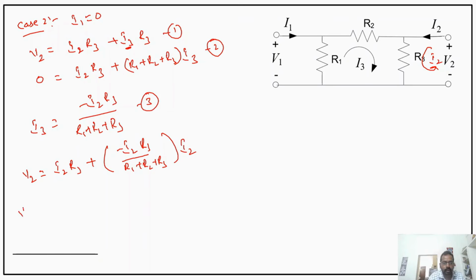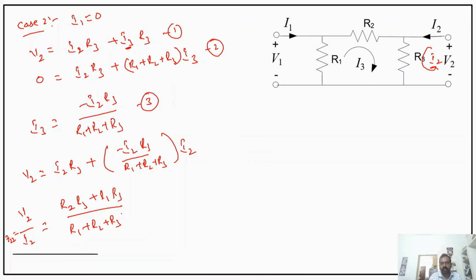So if we try to rearrange, we get V2 by I2 is equal to R2 R3 plus R1 R3 divided by R1 plus R2 plus R3. So this is the same term we have got for previous method, where V2 by I2 is nothing but this is Z22.